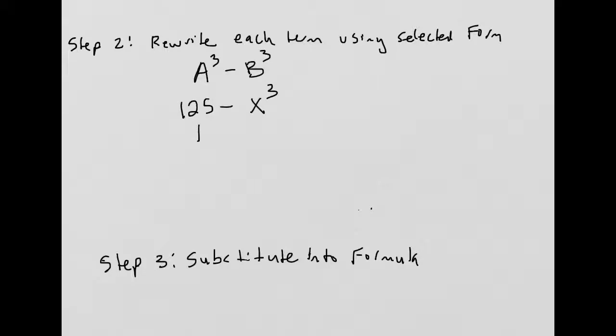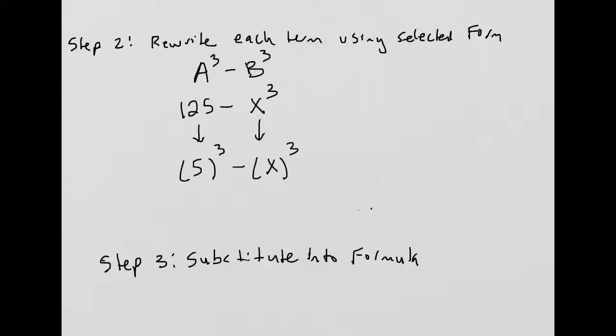So I want to rewrite 125 as something cubed, minus, and then write the second term as something cubed. Here's where I have to do a little thinking. What number cubed is 125? Well, that's just 5. And in terms of the second one, what cubed is x cubed? Well, that's just x.